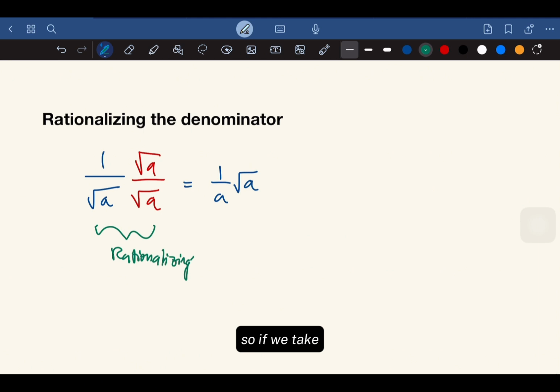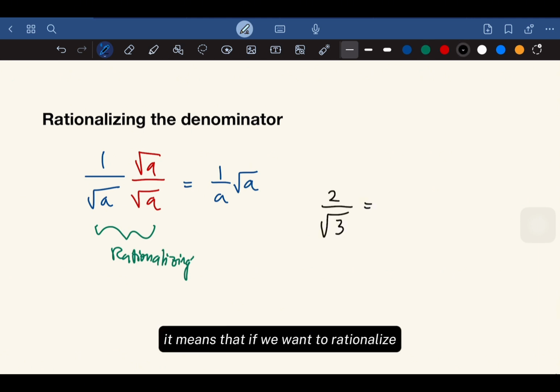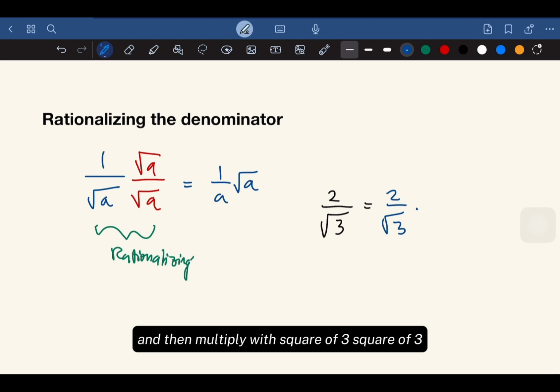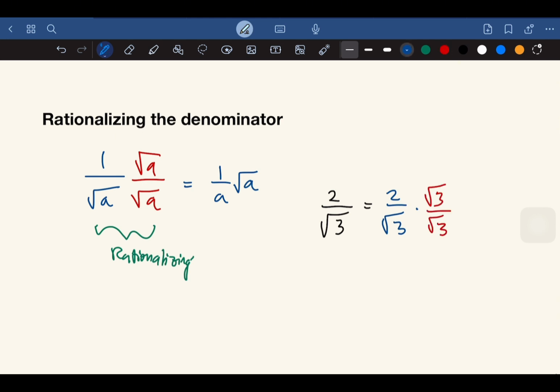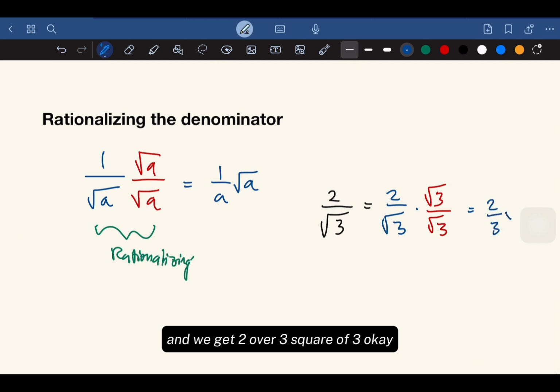So if we take 2 over square root of 3 and want to rationalize this, we multiply by square root of 3 over square root of 3, and we get 2 square root of 3 over 3.